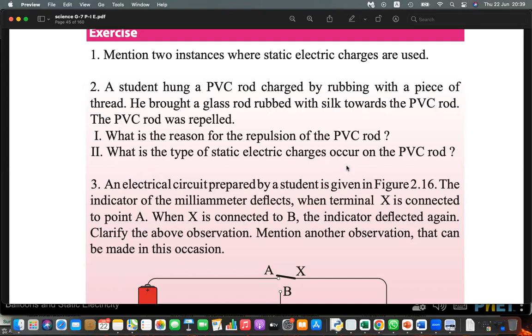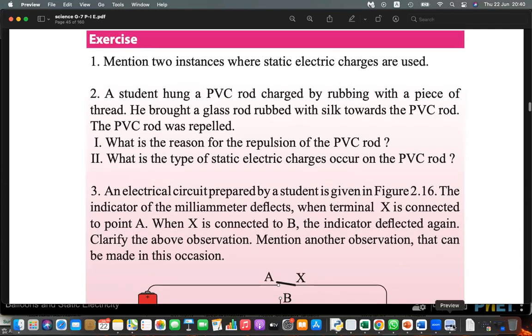Okay, what type of static electric charge occurs on the PVC rod? Is it positive or negative? Positive. Yes, it can basically go positive. The reason is this.